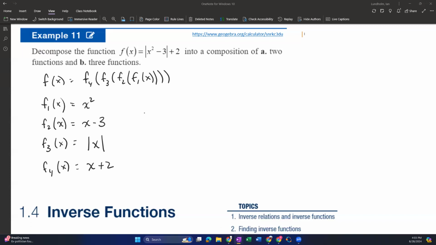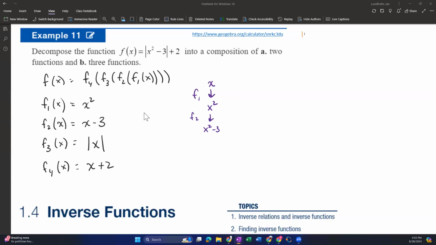So as we build this up, we would start off with x, and x gets transformed into x squared by f1. And then x squared gets transformed into x squared minus 3 using f2.